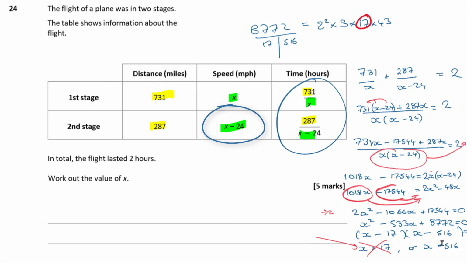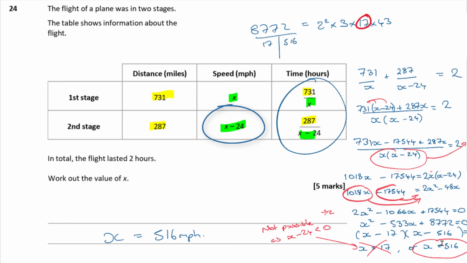I'm going to say not possible, as x minus 24 is less than 0. Okay, so that's not a possible solution. So the only solution is that one, x is 516. Therefore, x equals 516 what? Miles per hour. Okay, I am done.